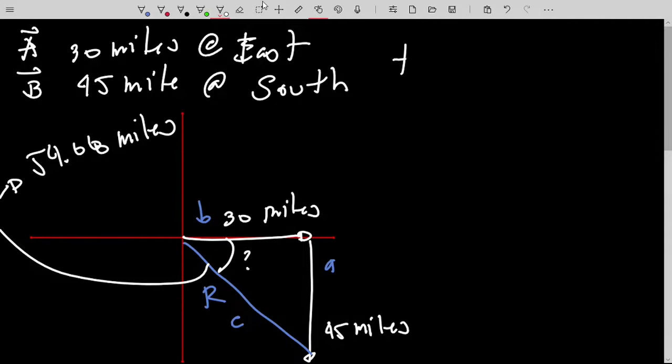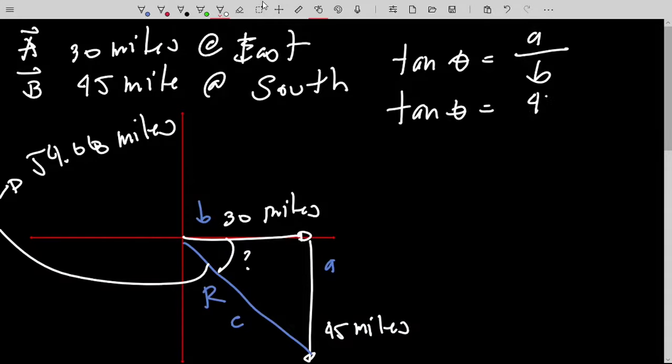Again, our formula, tangent theta, is actually equal to A over B. Rewrite the given values. Tangent theta is equal to the value of A, which is 45, and the value of B, which is 30. So the value of 45 over 30 is actually equals to 1.5. Then transpose your tangent.